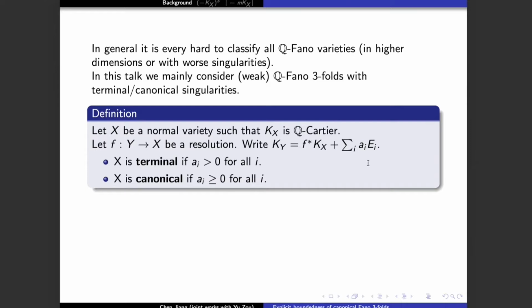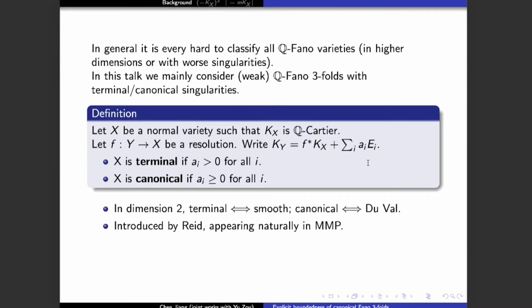I think this definition is due to Miles Reid, and in dimension 2, terminal just means smooth, and canonical means Du Val singularity. So they are of course important singularities for surface theory. And they appear very naturally in the minimal model program, right? So we know that if you run the minimal model program for smooth Fano varieties, then you will naturally get terminal singularities.